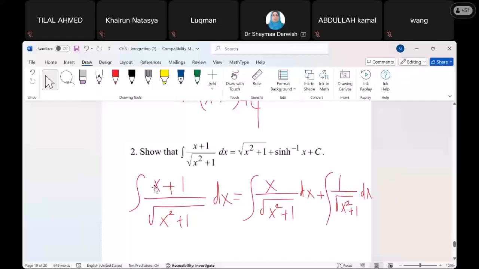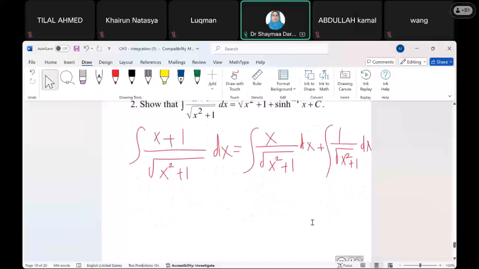So this fraction can be divided into two fractions.